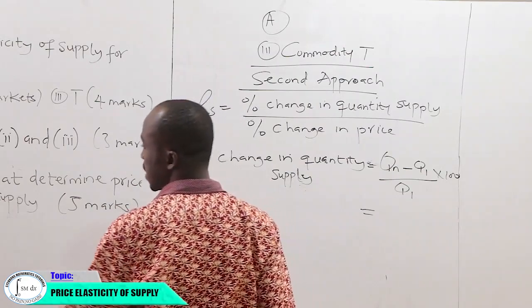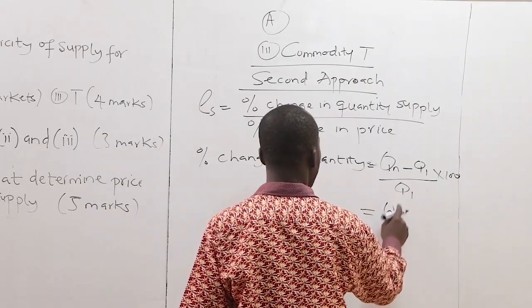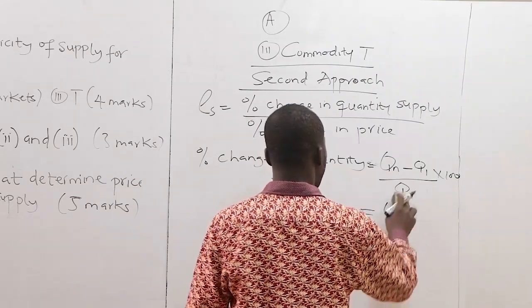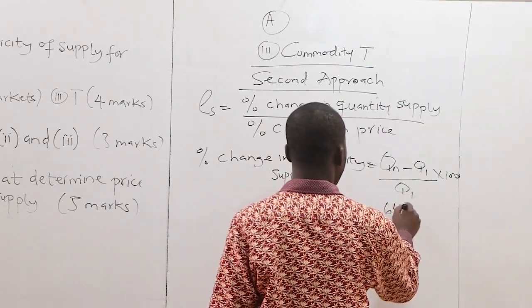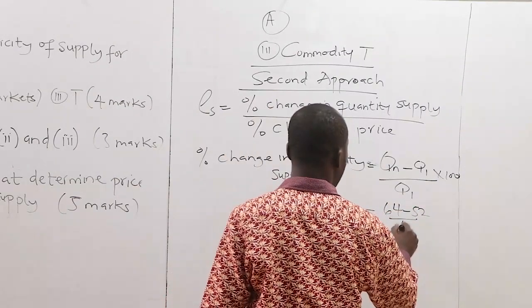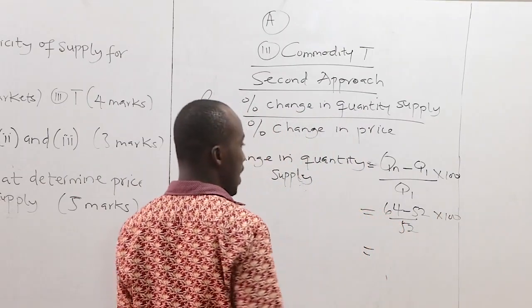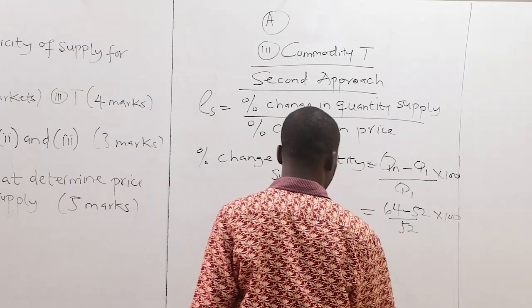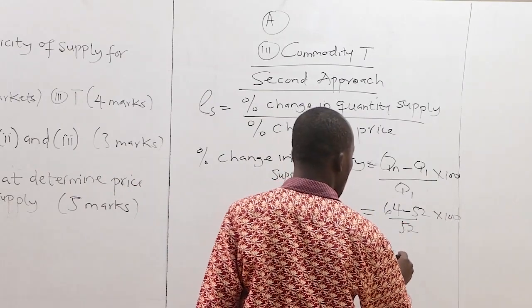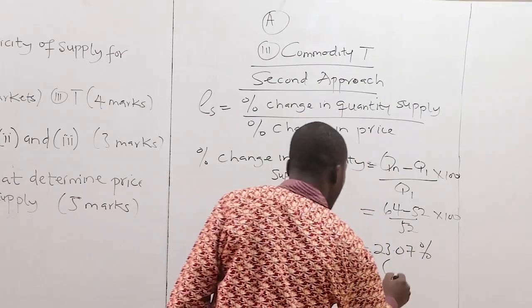From there, we saw that the new quantity is 64. The new one is 64 minus the initial one, which is 52, divided by 52 times 100. And if you punch your calculator, you're going to get 23.075%. This will give you 1 mark.